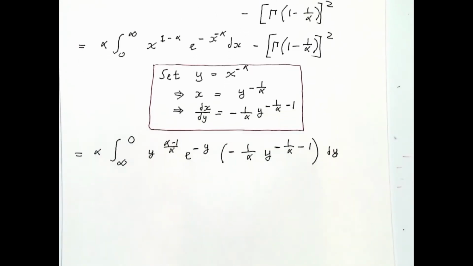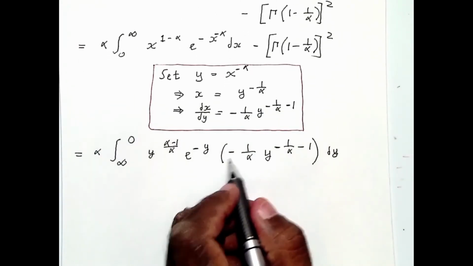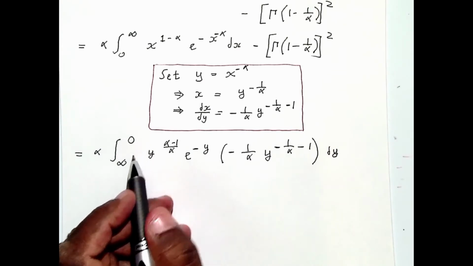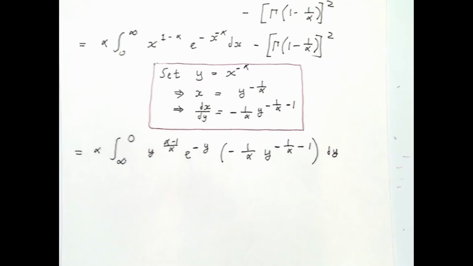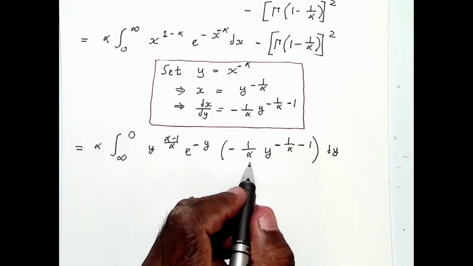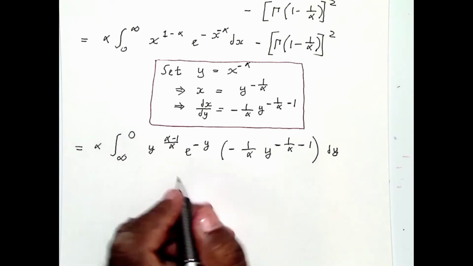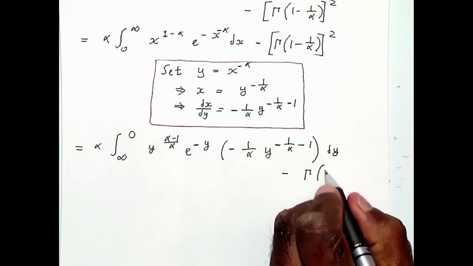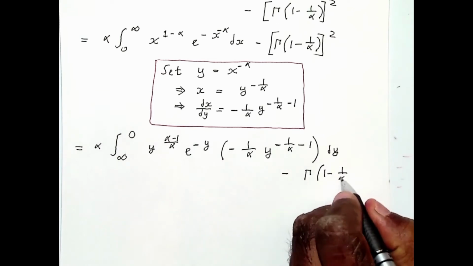Now I'm going to use this negative sign here to switch the limits from infinity to 0 to 0 to infinity, right? And the alpha here will cancel with the alpha here. Sorry, I forgot to subtract the mean.